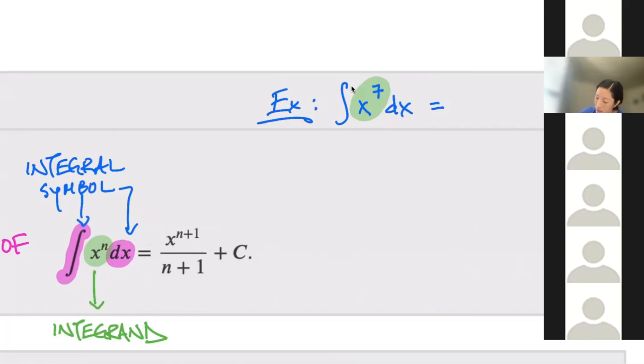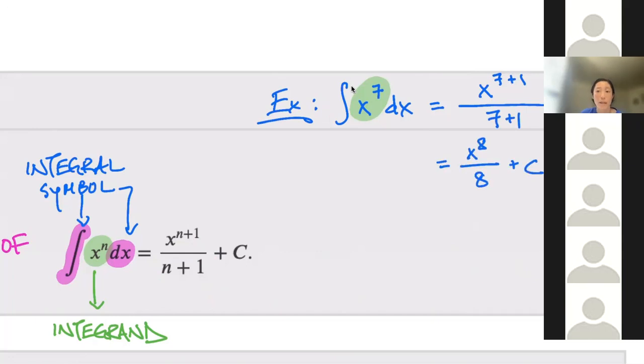So my integral is going to be x to the 7 plus 1 over n plus 1, so over 7 plus 1. Don't forget that plus c. Now, if we simplify this, we'll get x to the 8 over 8 plus c.